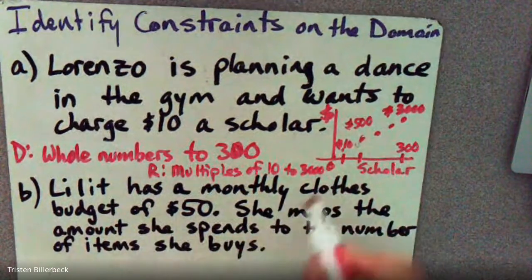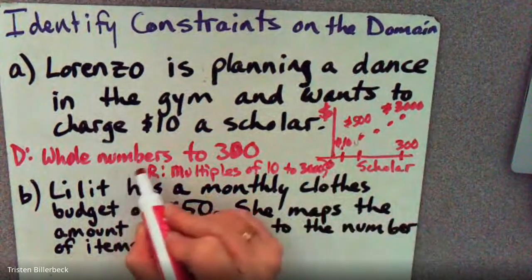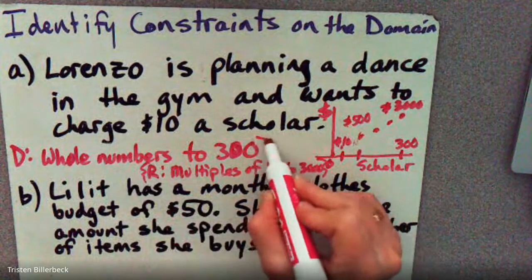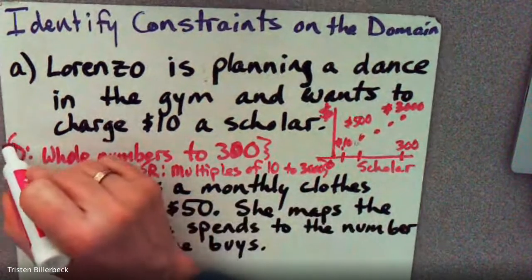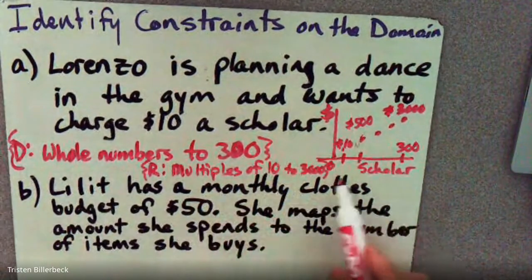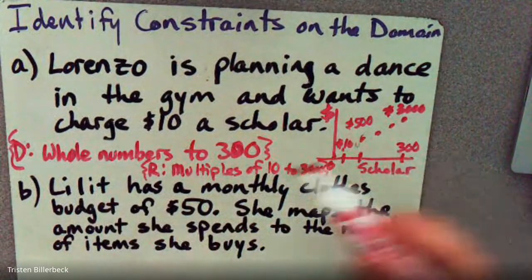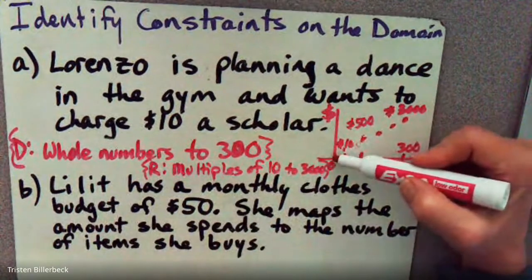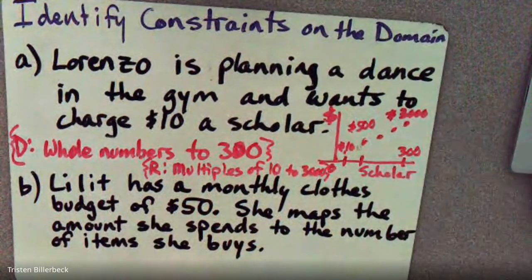So that would be the range. So if we organize it a little bit, there we have it. The domain is whole numbers to 300. The range will go from 0 to 3,000.